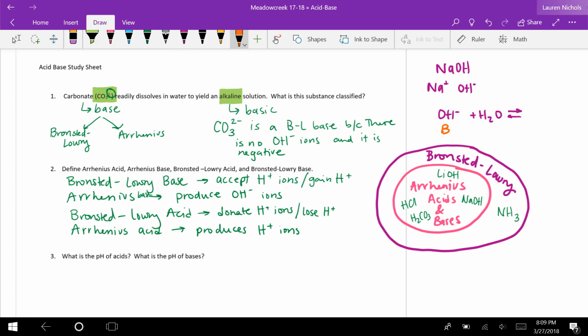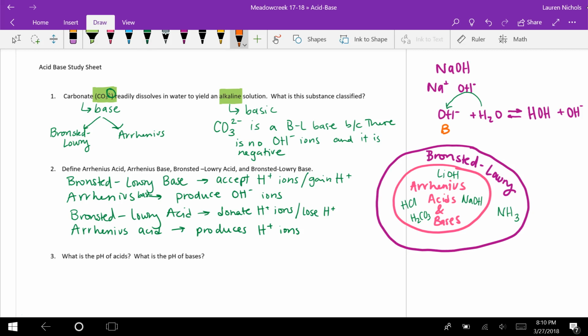When it donates, it'll become HOH plus OH-, so OH- is actually on both sides of the equation. So not only does it meet the definition of accepting a hydrogen from the water, but it also produces OH-. So the definition of an Arrhenius base is included in the Bronsted-Lowry definition, but it just widened it to include more compounds that they saw having the same characteristics.